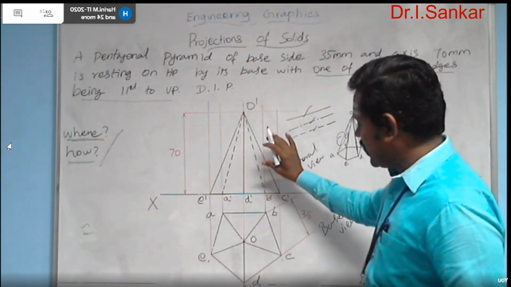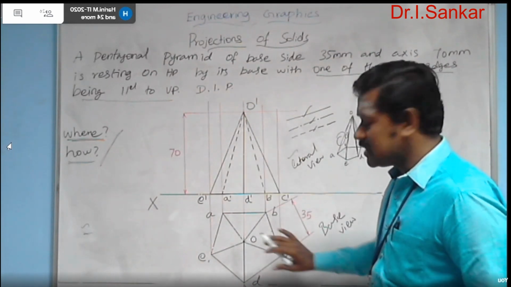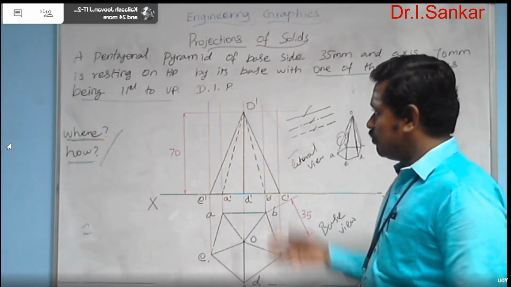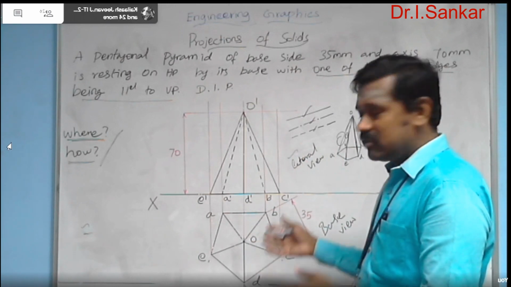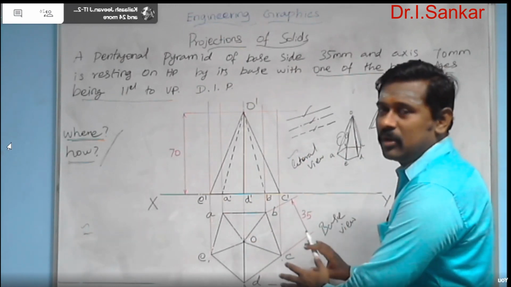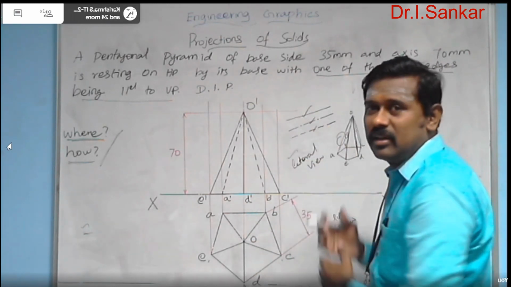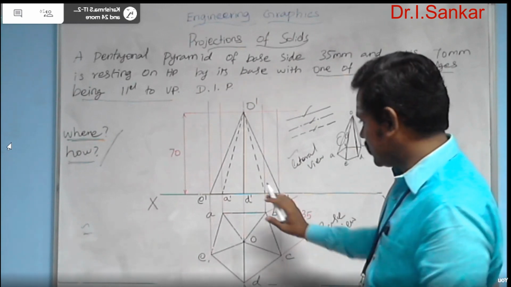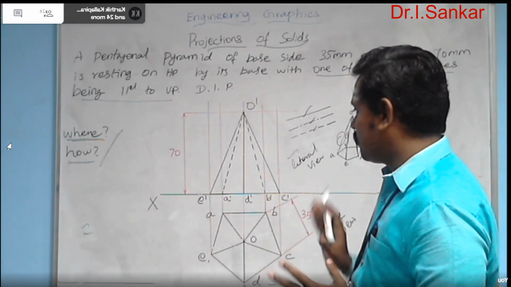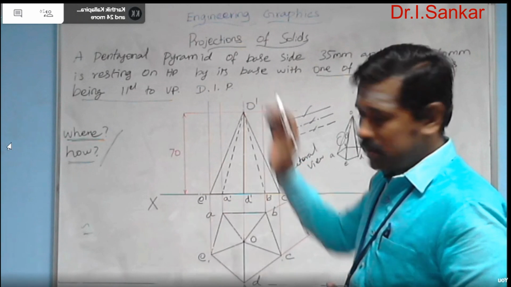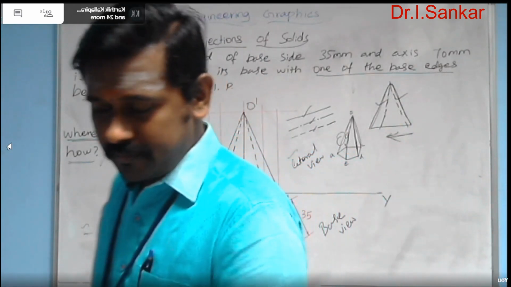So this is your lateral view of the given pyramid, and this is the base view. Because of the resting condition, the base view is obtained in the top view and the lateral view is obtained in the front view. So this is the final answer for this given question.